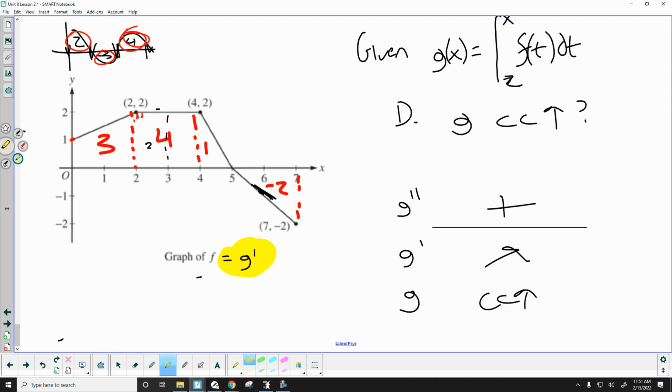When's G prime going up? 0 to 2 is correct. Or when are the slopes of G prime, or the slope of f, positive: 0 to 2. The same stuff, it just looks different. It's coming at you in a different way. Okay? Now, here's what actually the second fundamental theorem of calculus is.